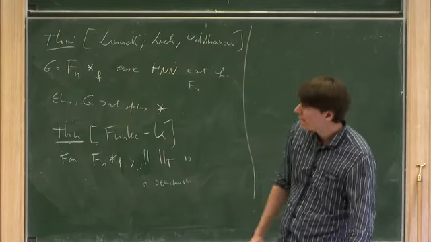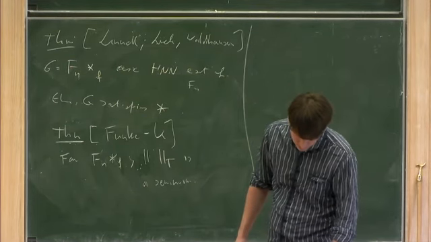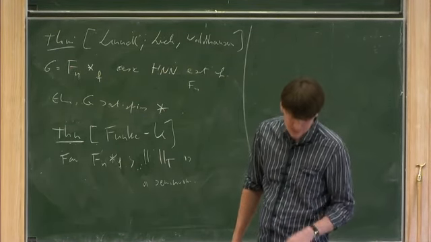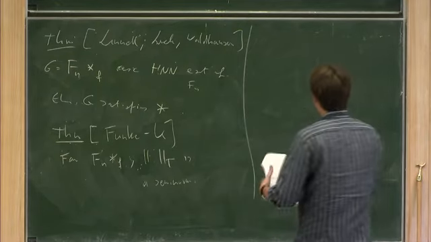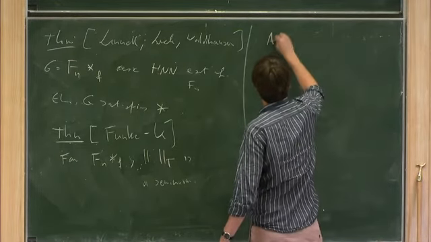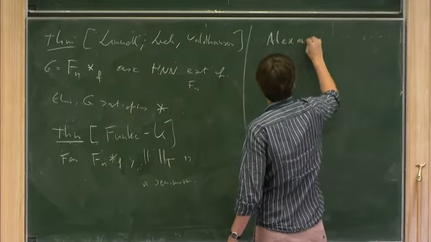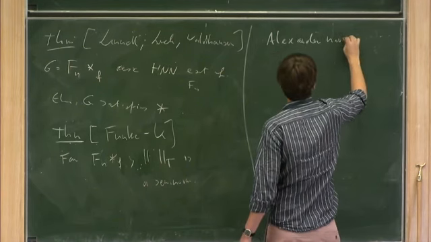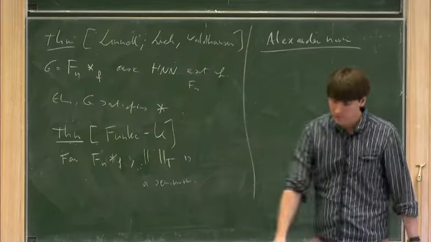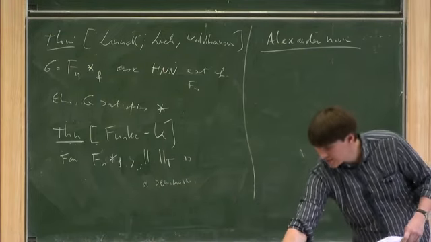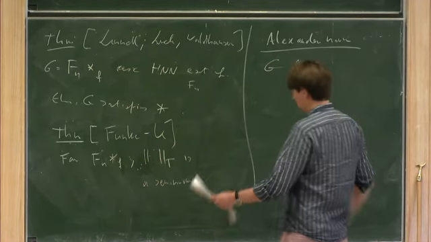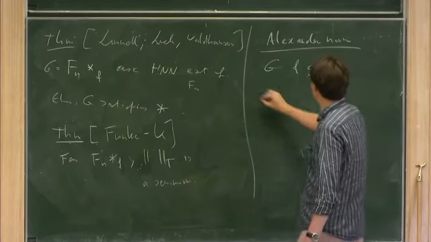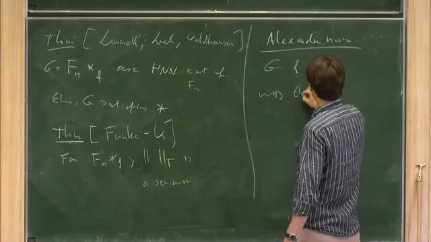Right, so before I can state another theorem, we have to discuss another object, I'm afraid. The Alexander norm. We take a finitely generated group, and to a group you can associate the Alexander polynomial.